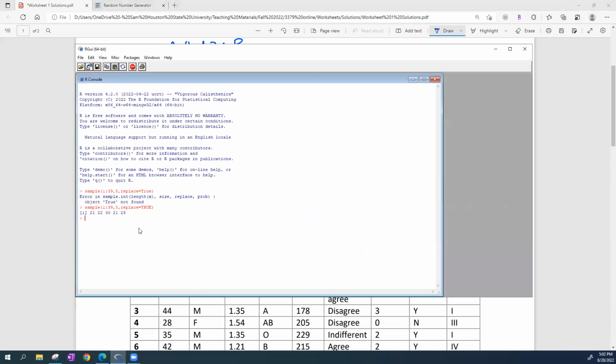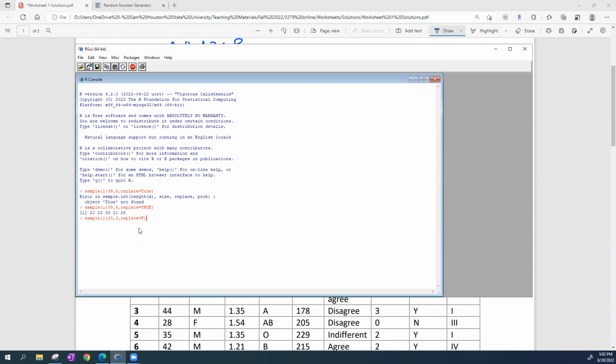Then we can use any method. Sample from 1 to 25, and we want 3 sections, 3 clusters. Replace should be false now, because it's a simple random sampling without replacement.